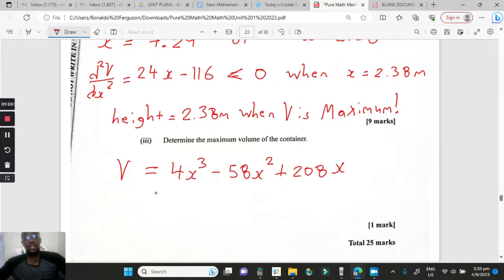So all we do is plug in x as 2.38 in a calculator. And there you get your volume. It's so easy. You cannot ask for an easier question than this.